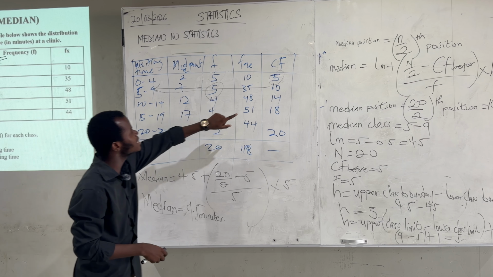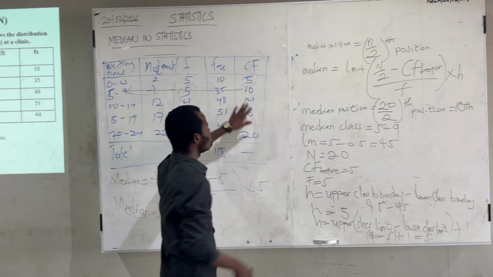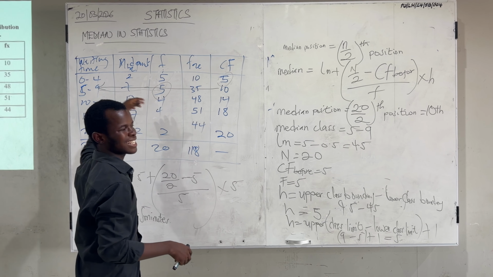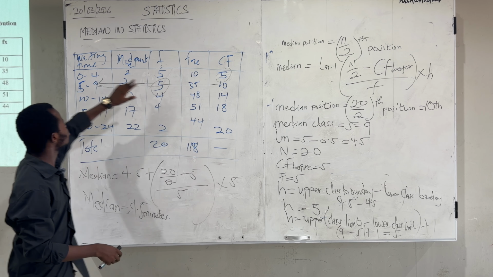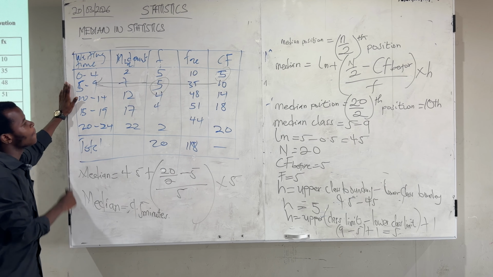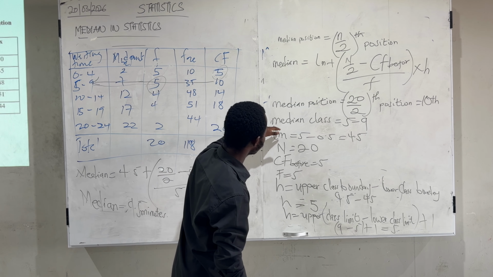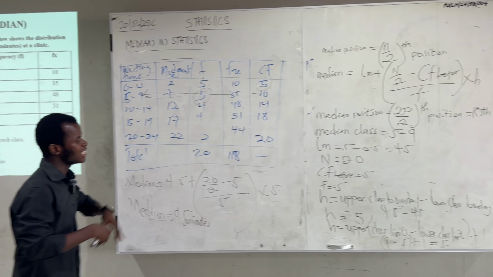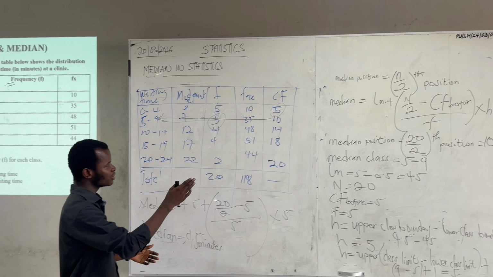And when you are tracing the 10th position, or the position of the median class, you don't write the median position as the class, or you don't write the midpoint. You trace it to the median class and use it. And coming to the LM, make sure that you take the limit and subtract 0.5 to get the class boundary.